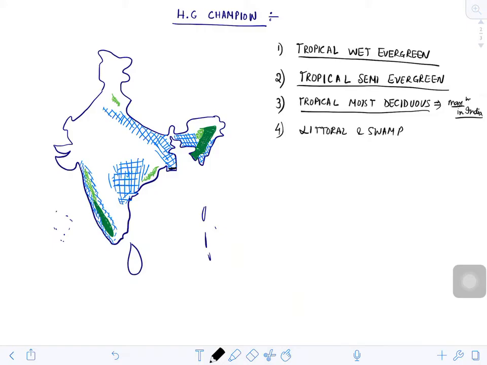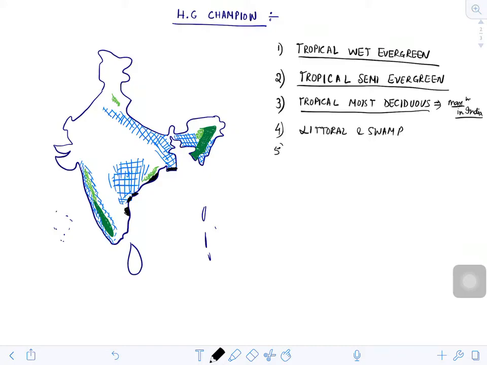We find them in the Sundarban Delta, in the Odisha coast, in the Godavari Delta and Krishna Delta, near Chennai, and in the Pennar and Punyar Delta. These are the major areas where we find it.